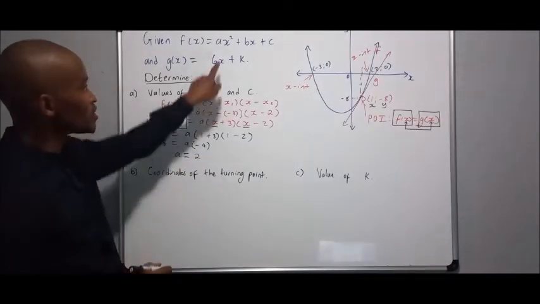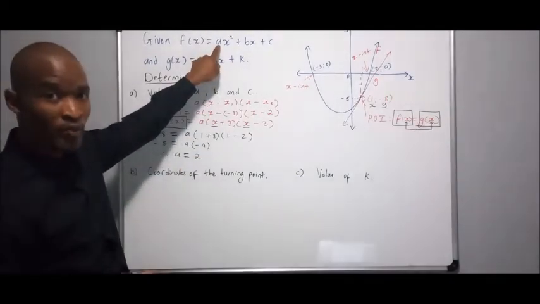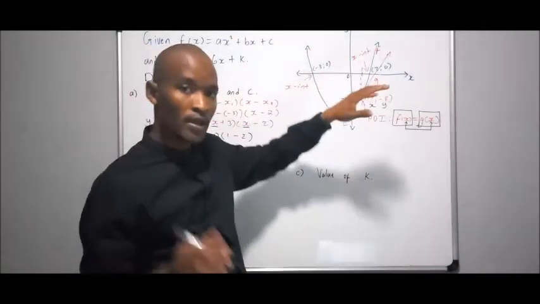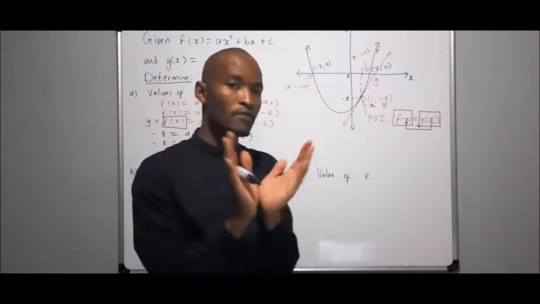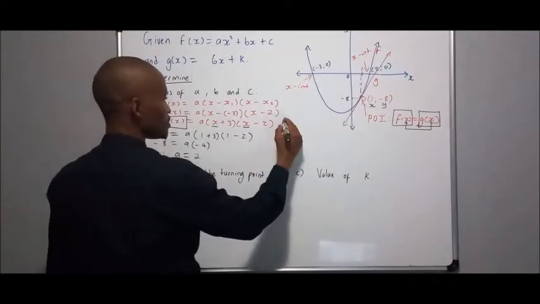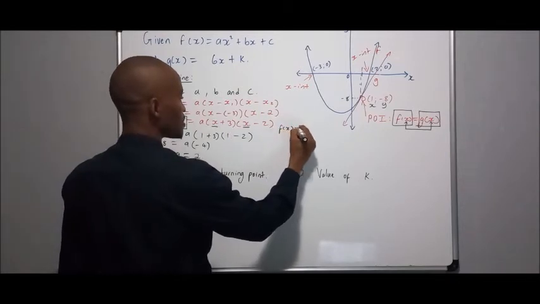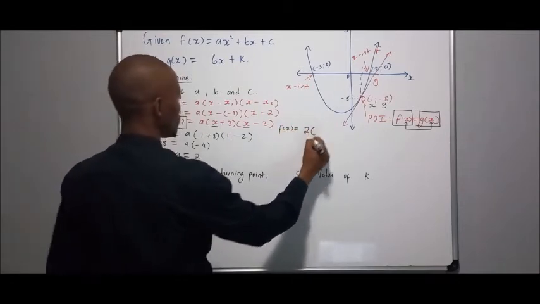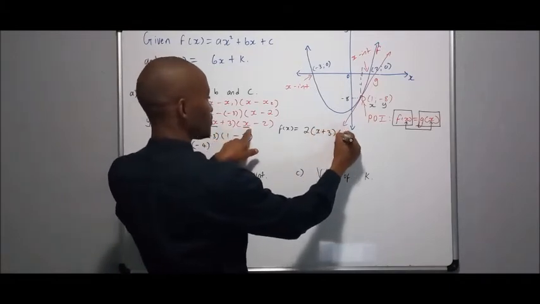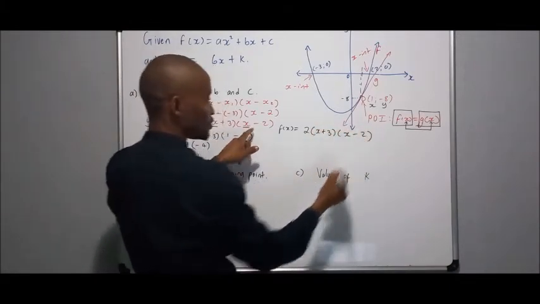Did we expect the coefficient of x squared to be positive? Yes, because when you look at the sketch of f, it is a concave up parabola. So you reduce the equation to this now: f of x is equal to 2 times x plus 3, x minus 2.